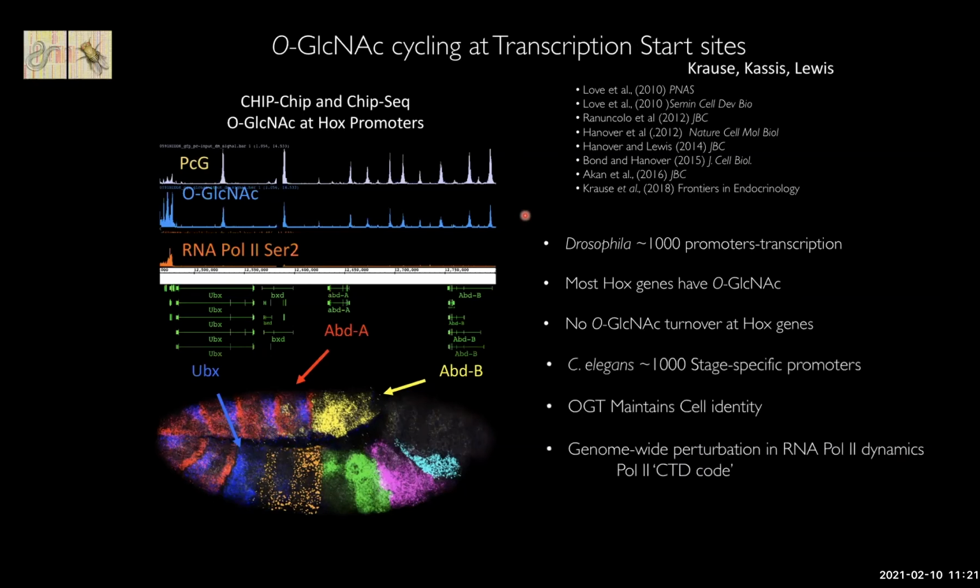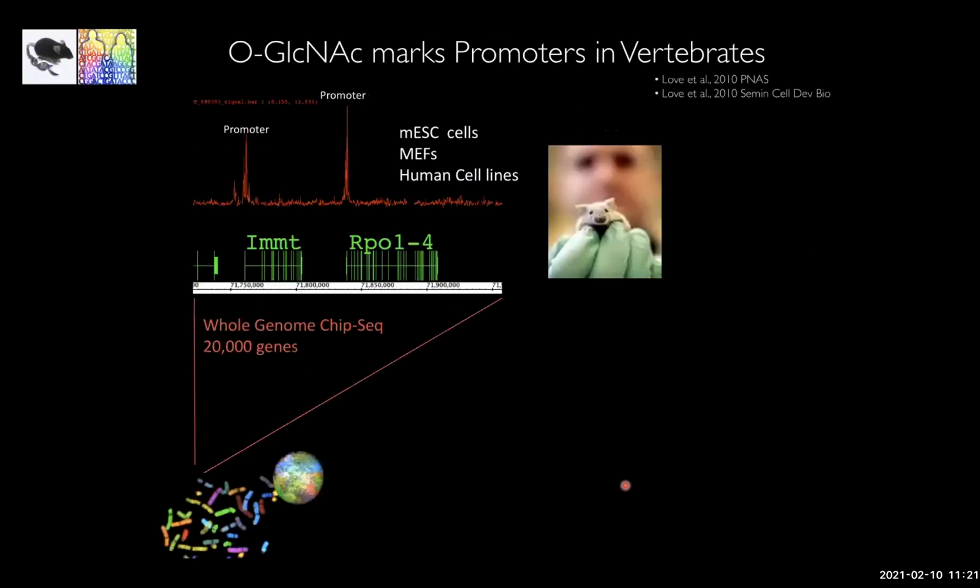In C. elegans, we have a similar situation where we have about 1,000 of these promoters. We know that OGT plays a role in cellular plasticity because loss of function mutations lose their ability to maintain cell identity. And we also were able to show a genome-wide perturbation in RNA pol2 dynamics with loss of either of these two enzymes. So the situation becomes a little more complex in the mouse.